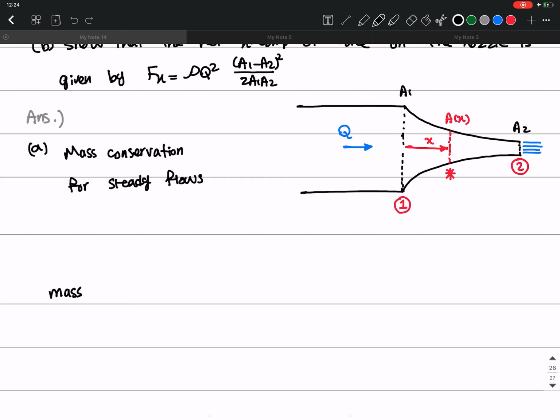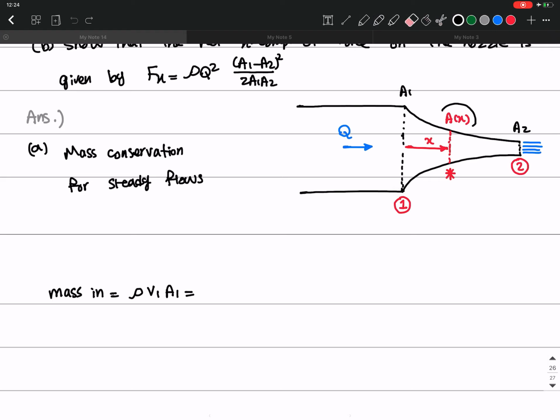So mass in into this control volume is rho V1 A1, okay? So this should equal the mass out, and also the mass at this section.